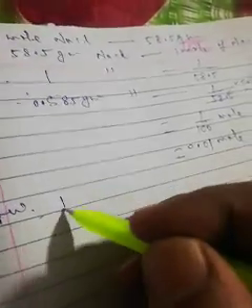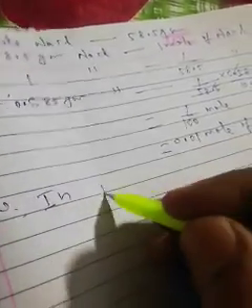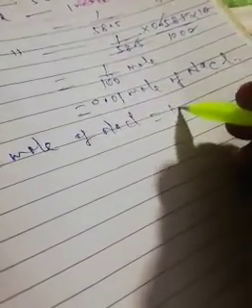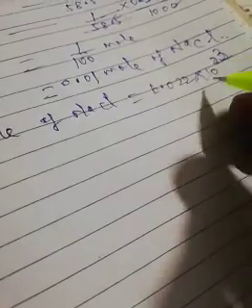Now, in 1 mole of sodium chloride, 6.022 into 10 to the power 23 molecules are present.